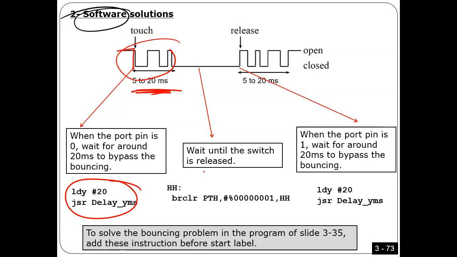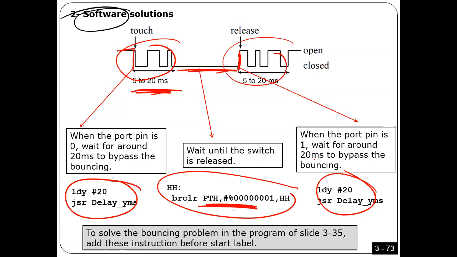And then I'm going to write this instruction to wait until it is high. This one is going to wait until you release. Once you release, I'm going to wait another 20 milliseconds. Is that okay? So if you use this instruction, every time you press one time, I'm going to take action only one time.